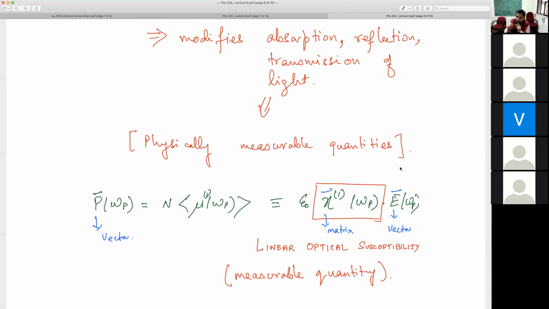Order 1 will imply one interaction with light, a single optical transition. Second order will imply two interactions with light, so two photons, and so on.